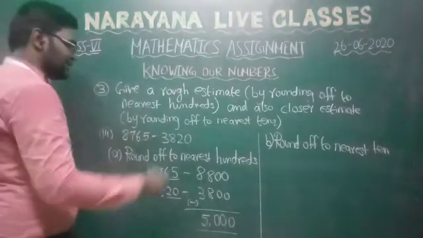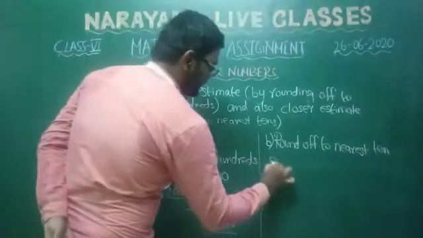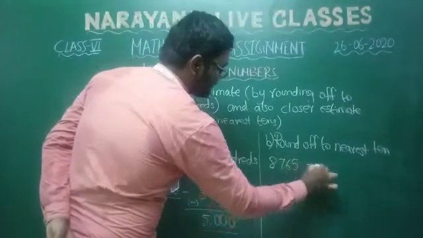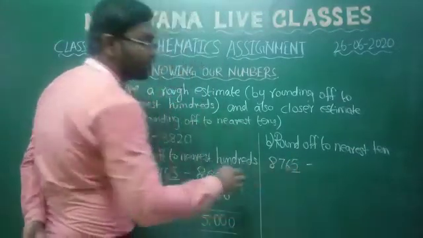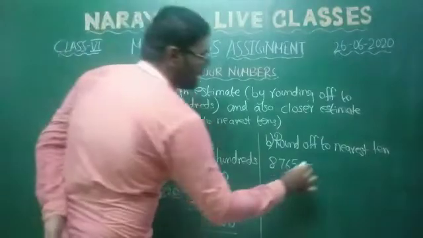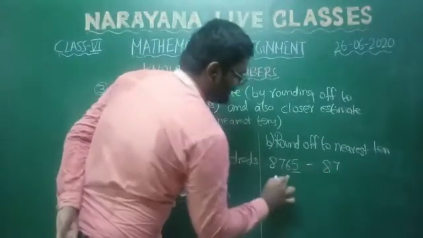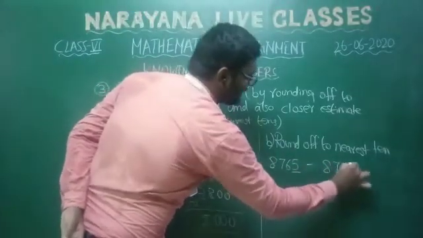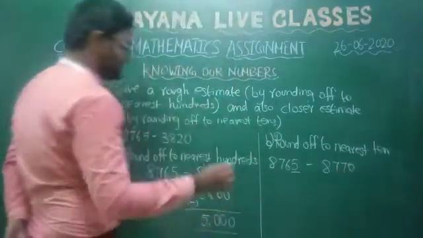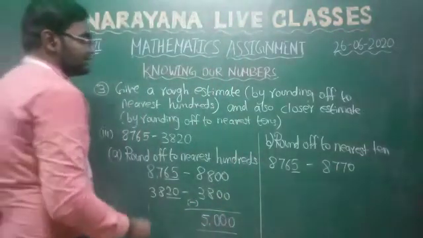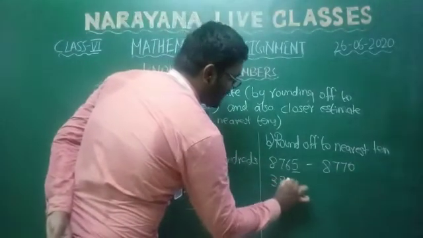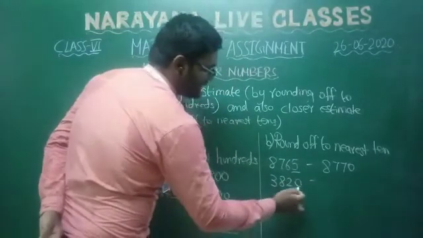Now we are rounding to the nearest 10. 8,765. Since it is 5 also, we will round up to the nearest 10 only. 8,760 will become 8,770. Next value is 3,820. Already it is the nearest 0 only.